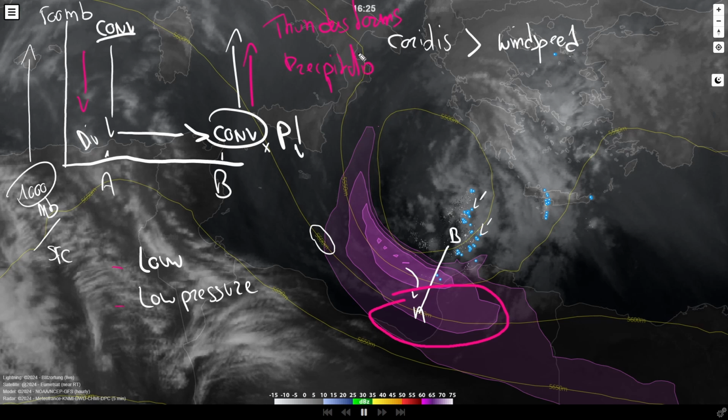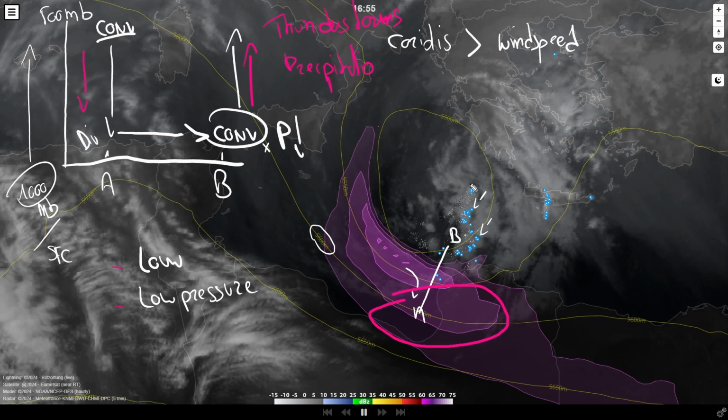Right? So now it's no longer in the entrance region rather. It was point A where you should look for vertical motion. In the exit region, due to the convergence aloft happening by the imbalance here, where the Coriolis force is stronger than the wind speed, right? It gets deflected to the right, leading to this circulation here, all right? And since there's convergence here at the bottom or at the ground near point B, all this air is pointed upward, right?